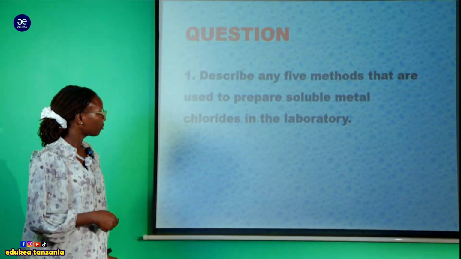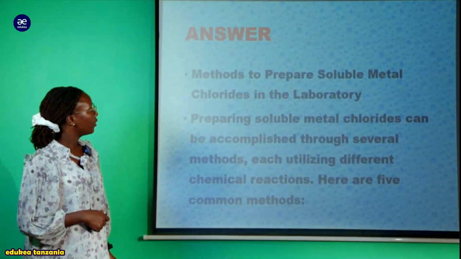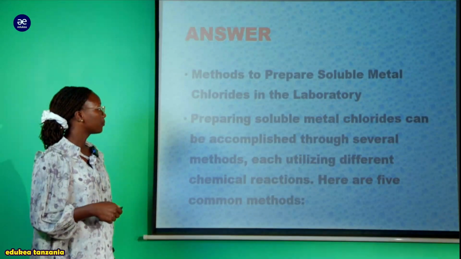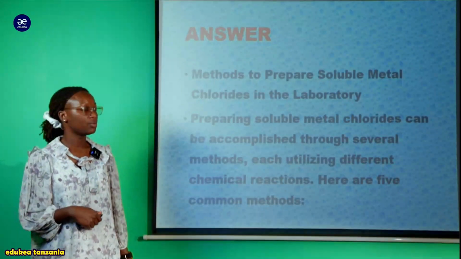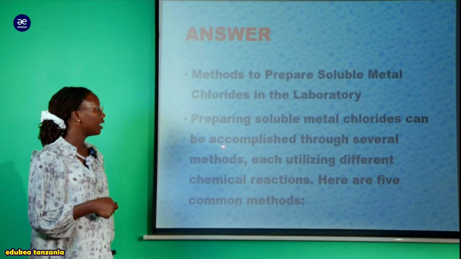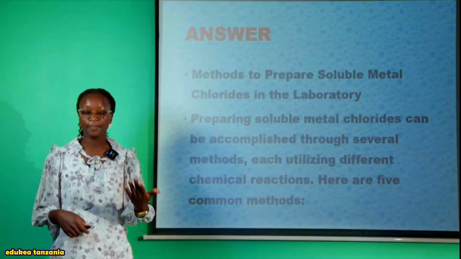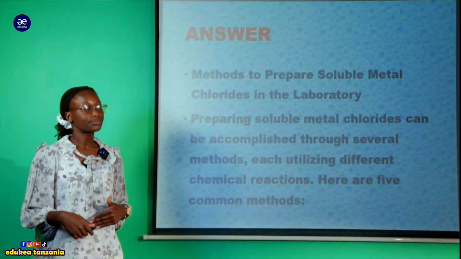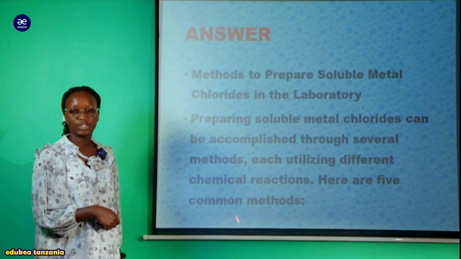Now here are our responses. Okay, now you can see methods to prepare soluble metal chloride in the laboratory. Now we can look at a simple introduction. We can see that preparing the soluble metal chloride can be accomplished through several methods. Kwamba tunaweza tukafanya hii kitu kwa kutumia several methods, each utilizing a different chemical reaction.